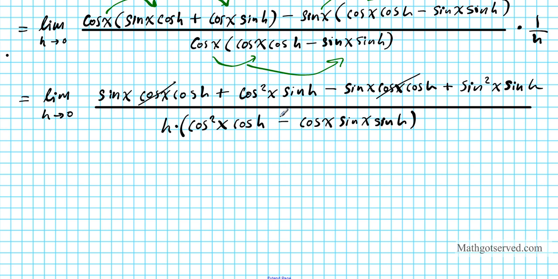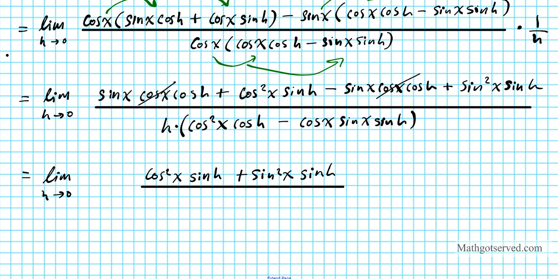And then on the numerator, we're going to have limit h approaching 0 of cosine squared x sine h plus sine squared x sine h, all right, divided by the same, the denominator stays the same, okay? So leave the denominator as it is, times, let me see, can I do something different?